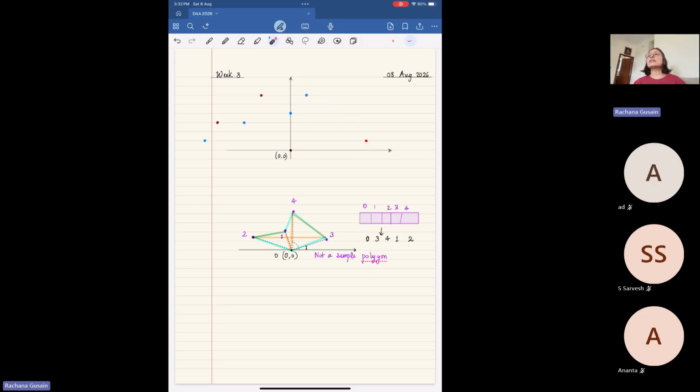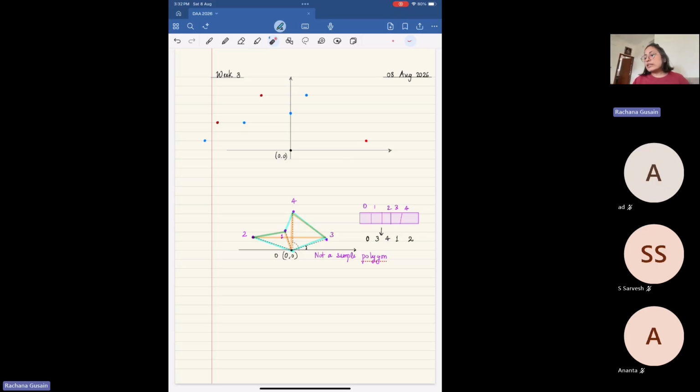So it's not that just by sorting the points in the increasing order of angles, and I hope you understand what I mean by angle, that is the only way to guarantee a simple polygon. There can be other ways as well.